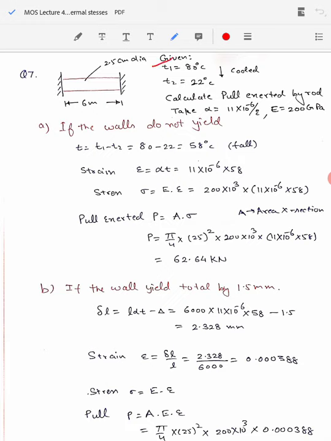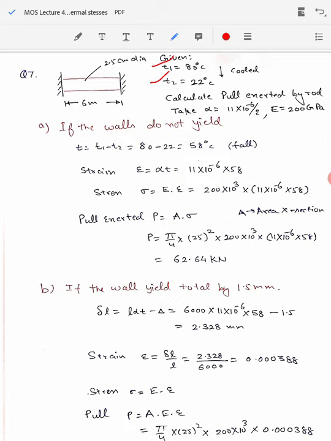The initial temperature is given as 80 degrees Celsius, and from that the temperature is reduced to 22 degrees Celsius, so there is a decrease in temperature. A decrease in temperature will cause contraction in the bar, and because we are not allowing this contraction, there will be tensile stresses set up in this bar.